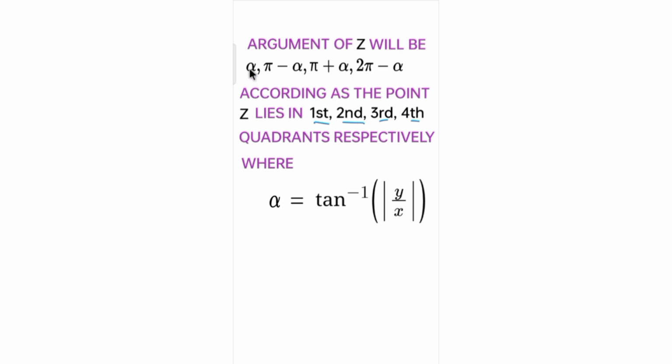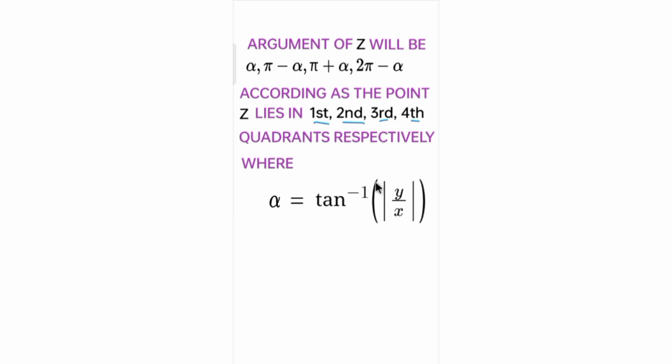If it's in the first quadrant, then the argument is directly tan inverse of mod of y by x, and because in the first quadrant x and y are both positive, it is just tan inverse of y by x. In the second quadrant x is negative and y is positive, so we have tan inverse of y by mod x.